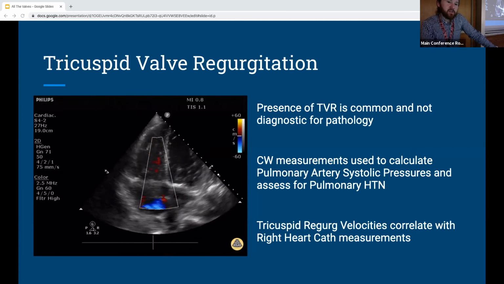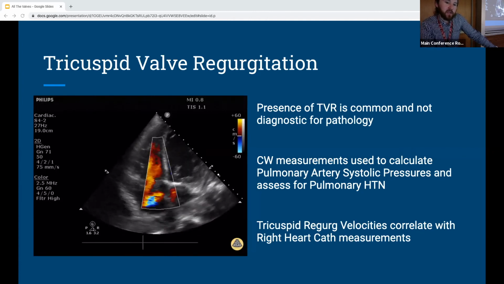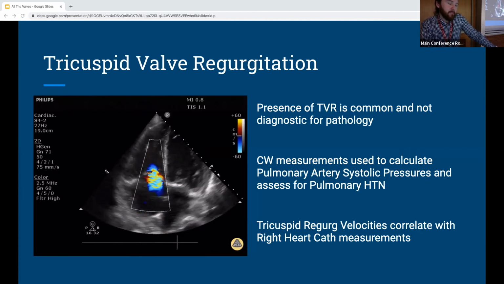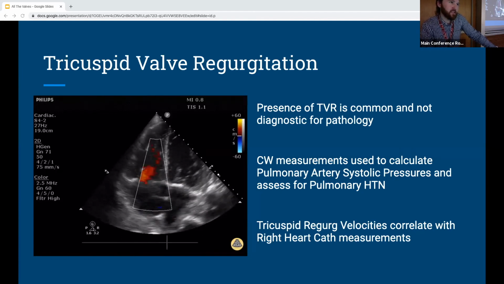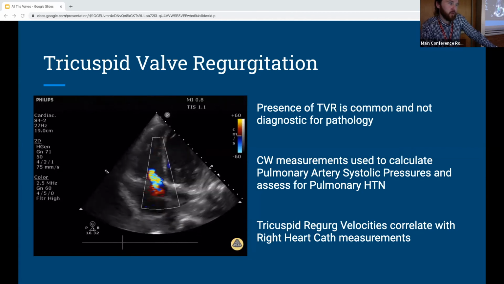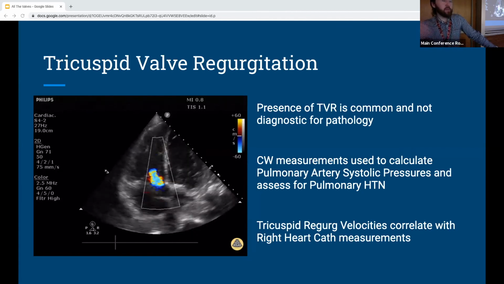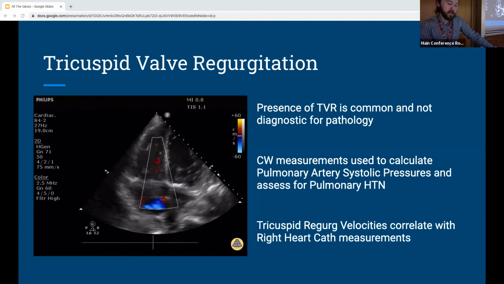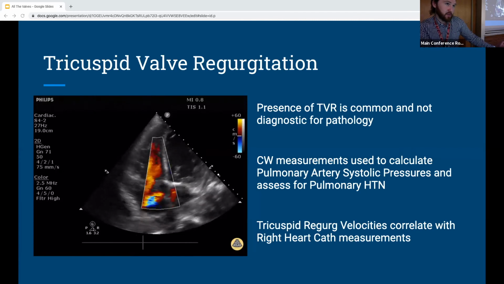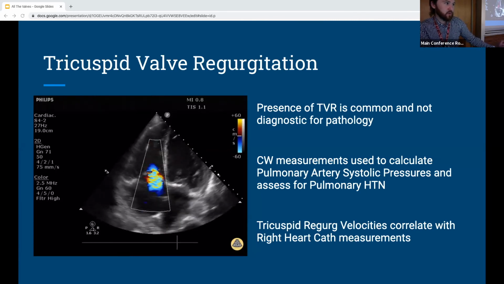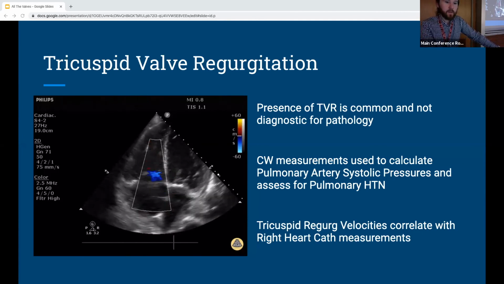And it's been fairly well established that the tricuspid regurg velocity correlates with right heart cath measurements. But when you do the calculation on the machine, at least according to David Smith, it doesn't correlate particularly. The velocity correlates really well, but the machine's calculation based off of that velocity is not exactly perfect. And that's the number that you get on your echo reports. So take those numbers with a grain of salt, but when they're high, that's kind of the point.